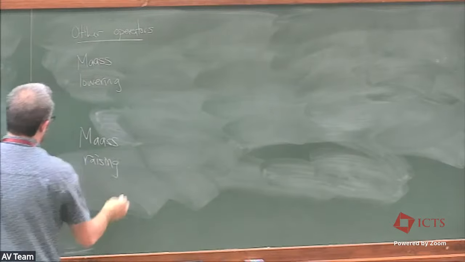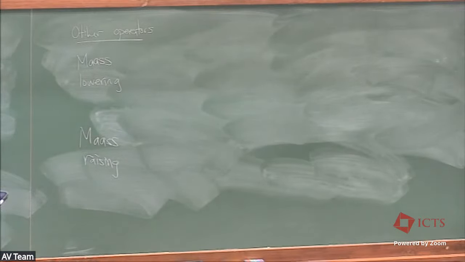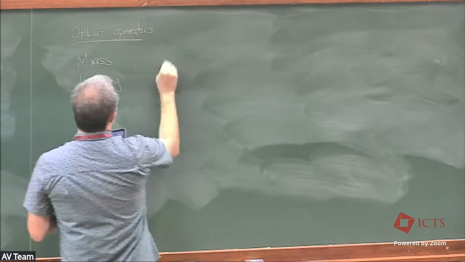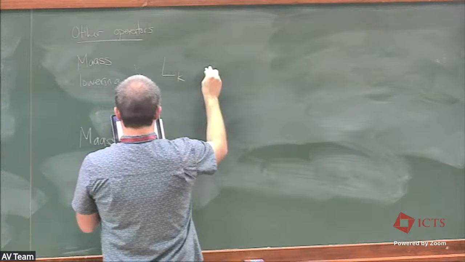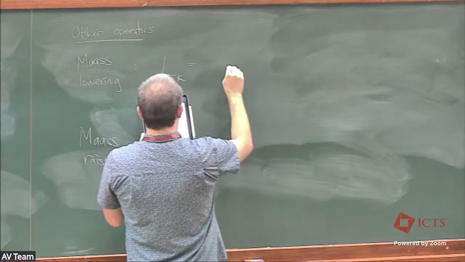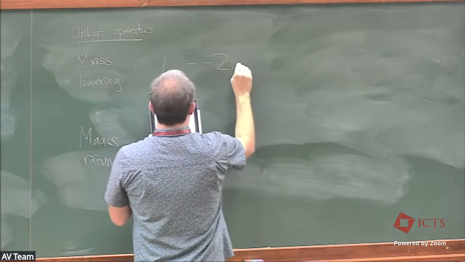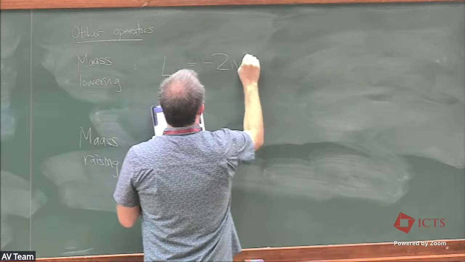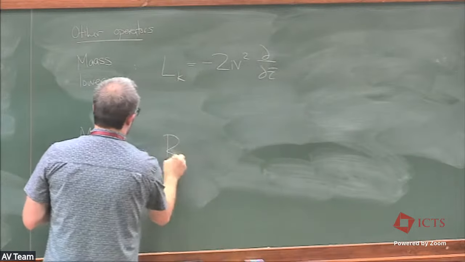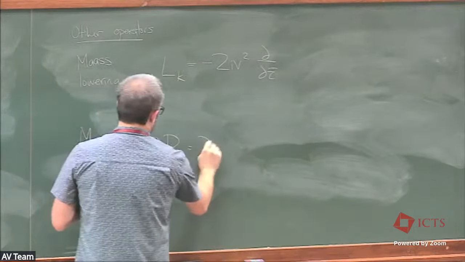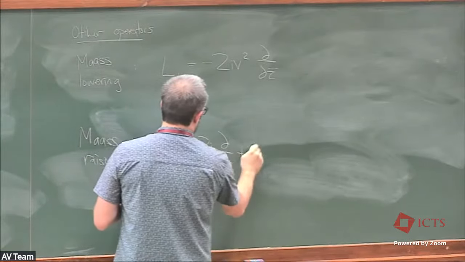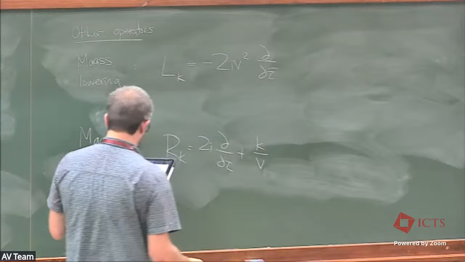And they're called that because they lower and raise the weight. So pretty simple. The lowering operator is called L_k, and it looks a lot like the ξ operator, except it does not involve a conjugate over the whole thing. So this is −2i v² ∂/∂τ̄. And then the raising operator is 2i ∂/∂τ + k/v.